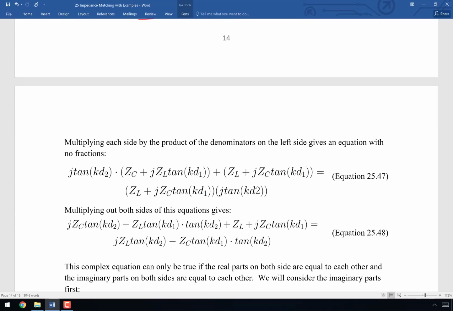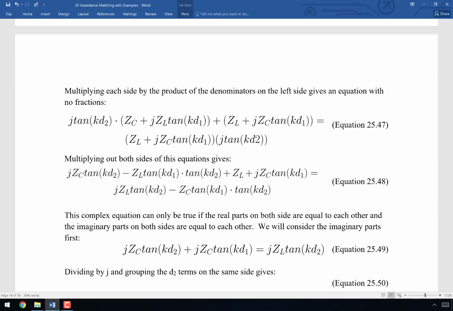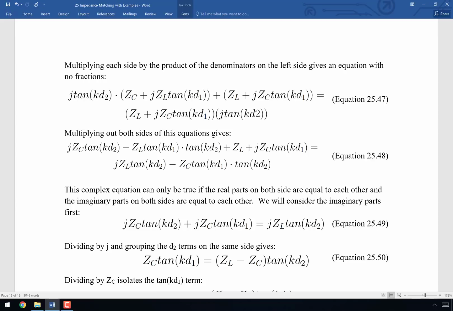And we get an expression that spans a couple of lines because there's a lot going on here, but there's no longer a denominator. We're going to multiply out all the terms in both sides of the equation, and we end up with the expression shown in 25.48. Now the interesting thing about that equation is that it is a complex equation. There are imaginary terms, and then there are real terms.